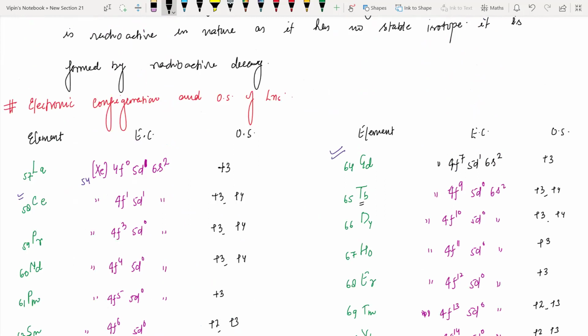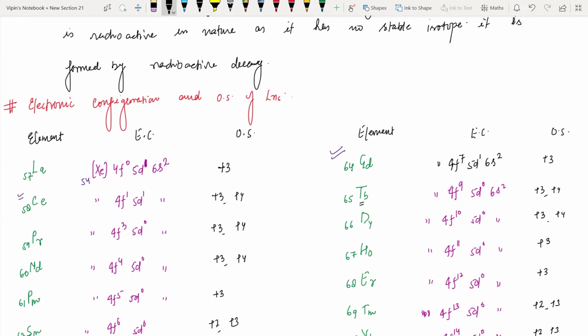And why, in the case of Tb, is the 5d orbital vacant? Because on going from gadolinium to Tb, the next electron would enter the 4f orbital, making it 4f8 and 5d1. But this arrangement is less favorable because the 4f orbital is now partly filled, not half filled. The previous arrangement is favorable because the orbital is half filled, but the addition of the next electron makes it partly filled.